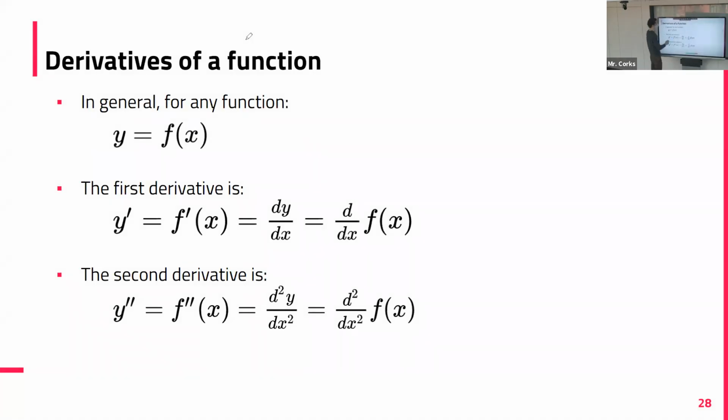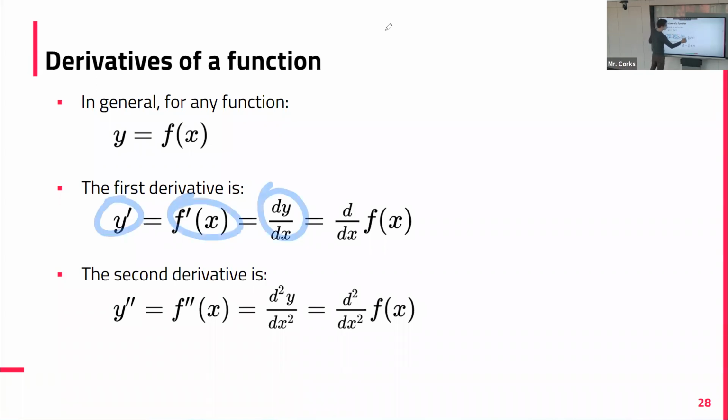Last bit about this before we get to more practice. Notation. We talked about these four types for first derivatives. Second derivatives also have lots of ways of writing them. These two we've been seeing so far, and these aren't so bad: y prime and y double prime, f prime of x, f double prime of x.